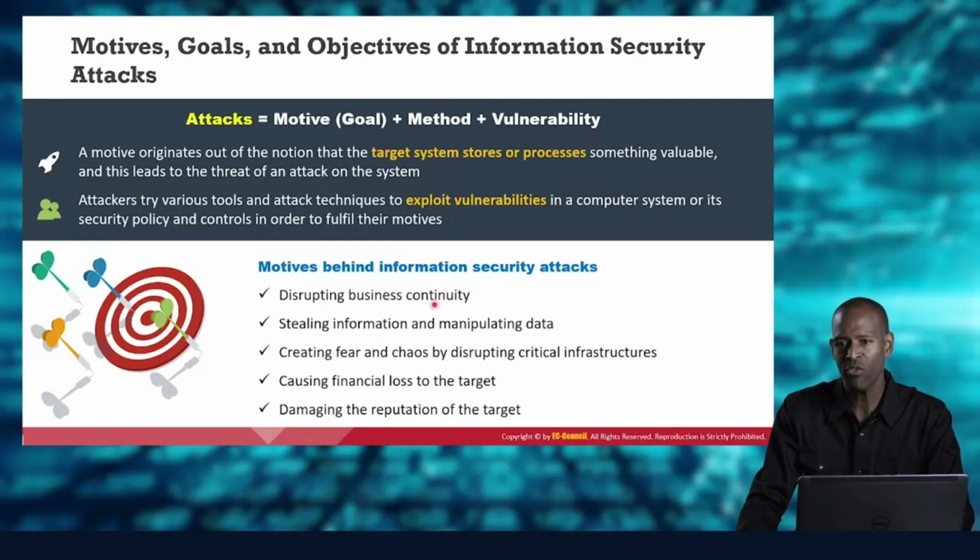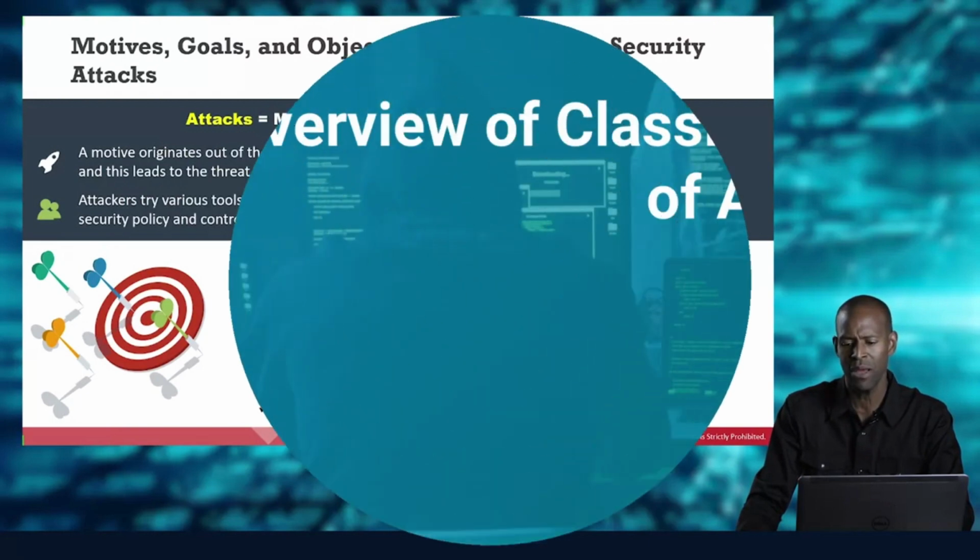They might steal information. They might want to create fear and chaos, disrupting the critical infrastructures. They might want to steal money, financial loss. They might want to damage the rep of the target and make them look bad. Yeah, this company is bad. So there are many different things that they might want to do.